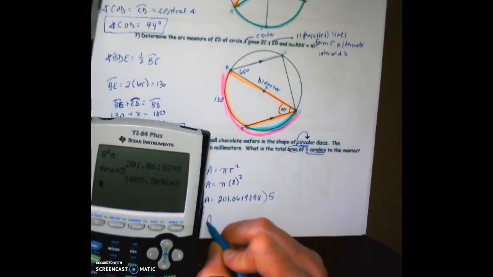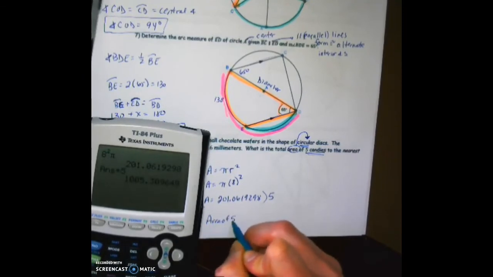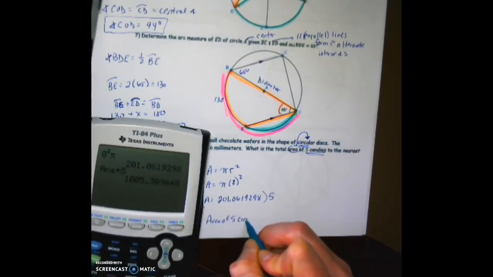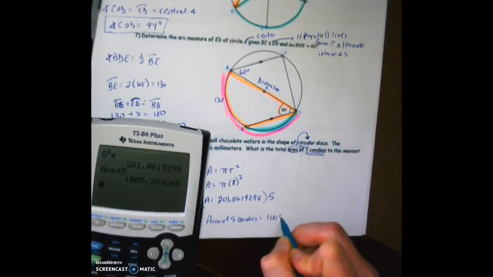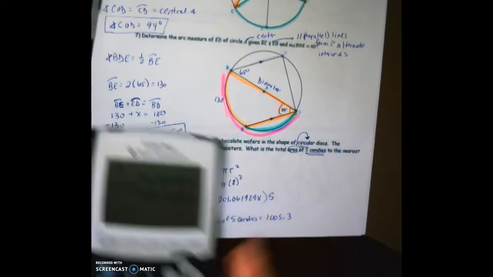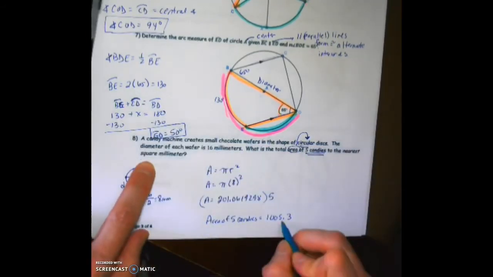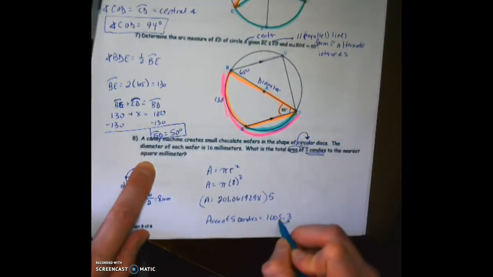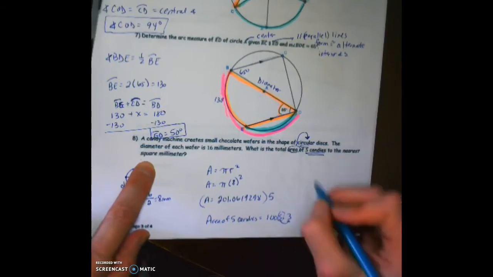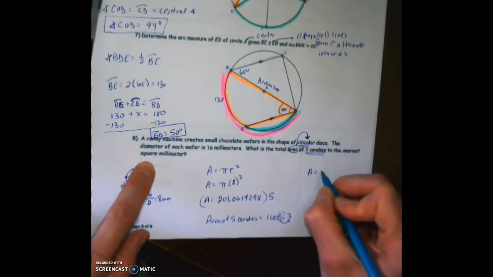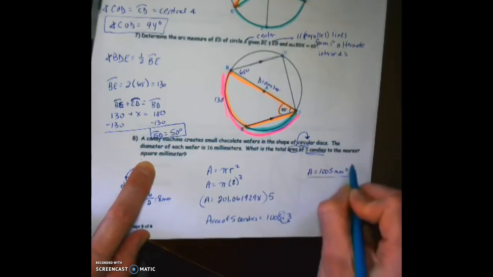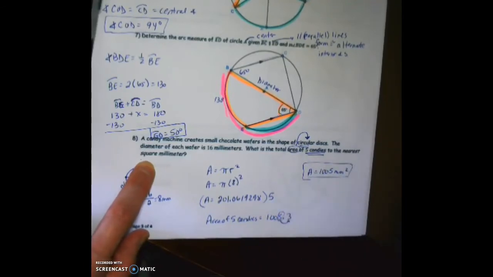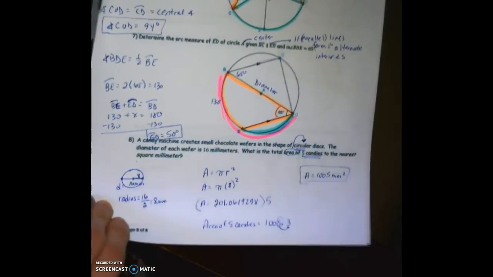So the area of 5 circular candies is equal to 1005.3. And they want me to round to the nearest square millimeter, which means to the nearest whole number. So I'm rounding to this 5. So my final answer is 1005 millimeters squared. Easy as pie. And now we are on to the last page.